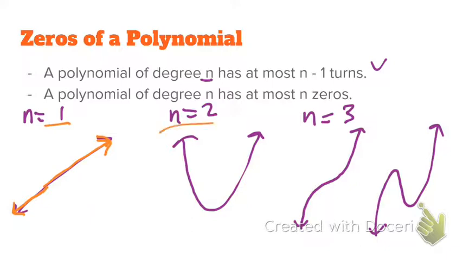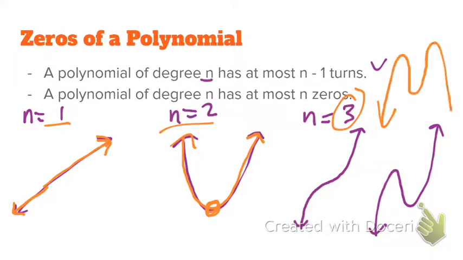All right, and that's why something with degree 2 would have to have at most 1 turn, because if it's approaching positive infinity to the left, it's got to approach positive infinity to the right, which means it has to have at least 1 turn, or else they wouldn't be going in the same direction. Same thing with degree 3, which has to go in opposite directions. So if it had 3 turns, all right, 1 turn, 2 turns, 3 turns, it would be going in the same direction.